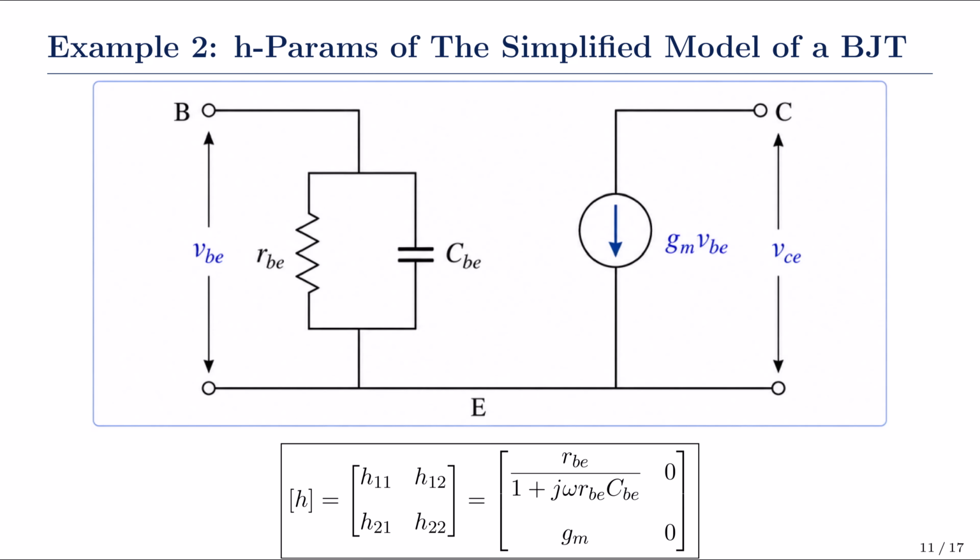The reverse voltage parameter is 0 because there is no direct feedback path from the output voltage to the input port in this simplified model. The forward current parameter is the transconductance multiplied by the input impedance, while the output admittance is 0 in the idealized model. Thus, the h matrix follows directly from the circuit topology and the four defining conditions.